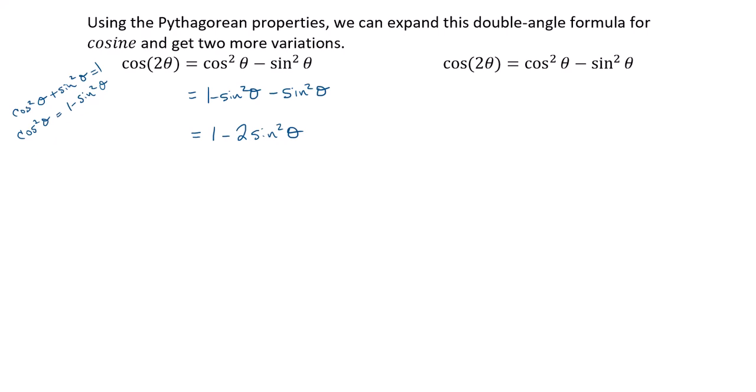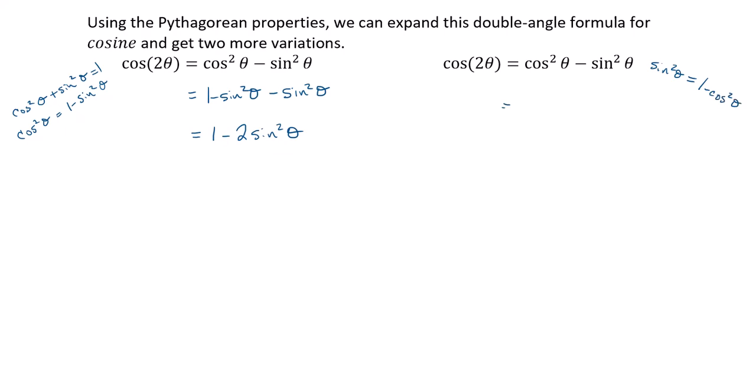The other way that we can expand the double angle formula is by using, again, the Pythagorean properties, but sine squared theta is equal to 1 minus cosine squared theta.